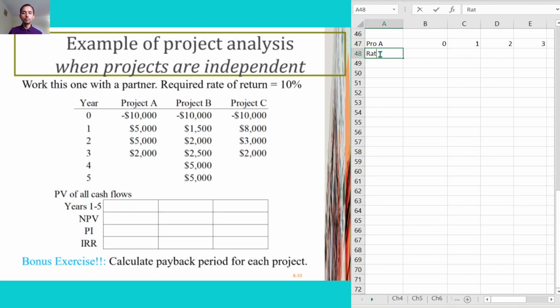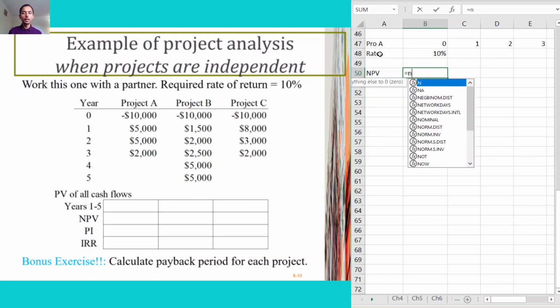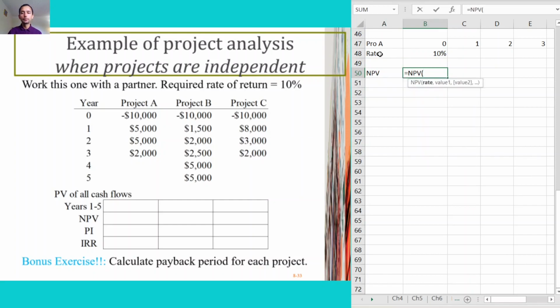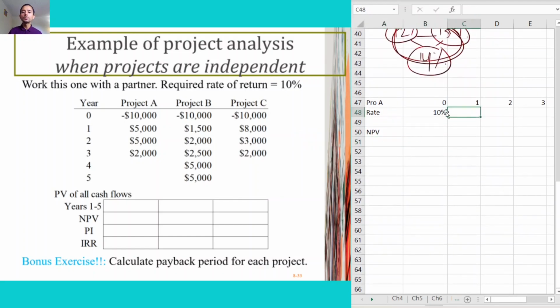Let's write a rate here. The rate is given to be 10%. Now let's calculate NPV. Before that, of course, I need to input the cash flows, which I haven't done.